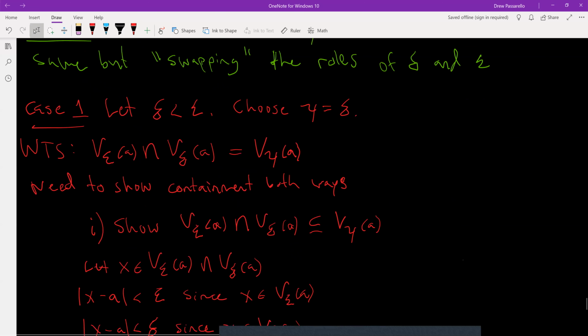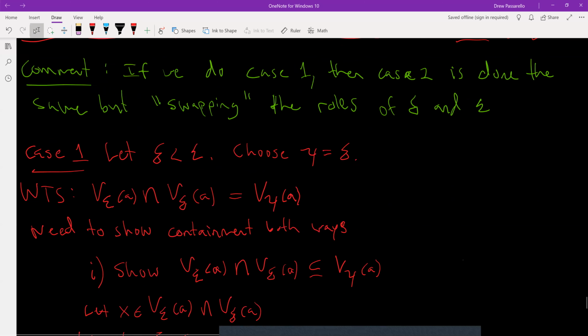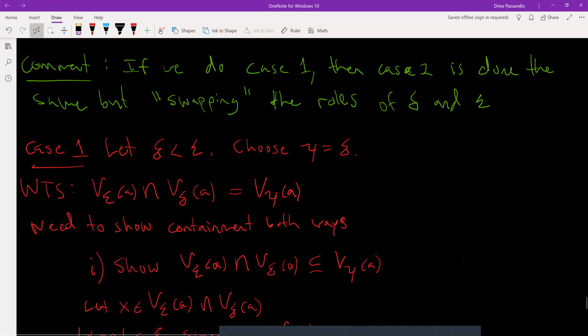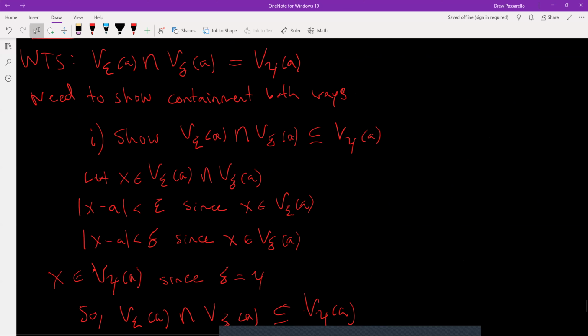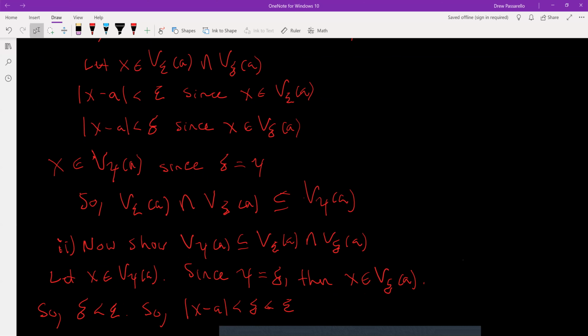The first case, I mean, they're all not too difficult. The first case is where I did delta less than epsilon, and you choose gamma to be the smaller of the two. And so we wanted to show that the intersection is equal to that gamma neighborhood. And since I have a set dealing with the equivalence of sets, we showed containment both ways. So I started out with the intersection, showing that it's contained in the gamma neighborhood. And you just let x be an arbitrary element of that intersection.